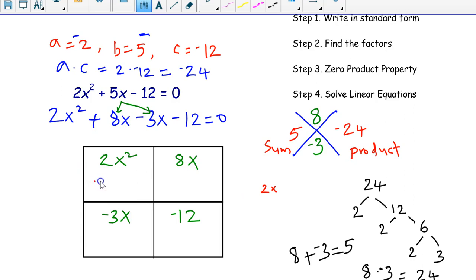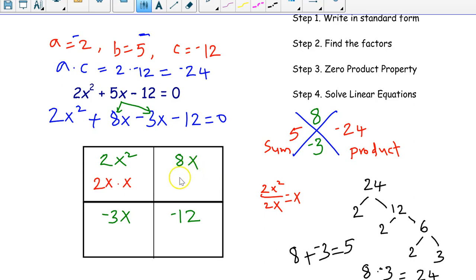Therefore, I'll take 2x out. From 2x square, if you take off 2x, 2 and 2 are gone, and x squared divided by x is nothing but x. So I'll write here x. That is, 2x square is factorized as 2x times x.